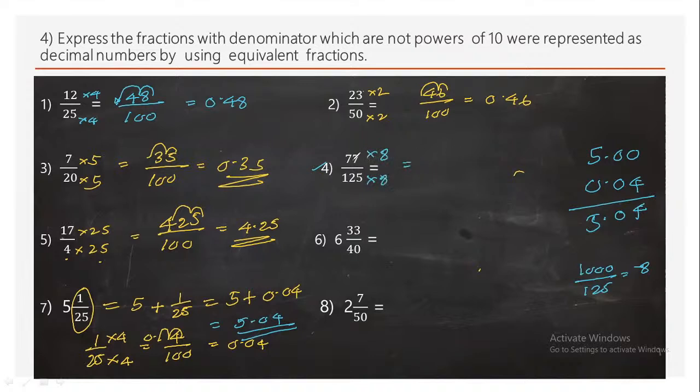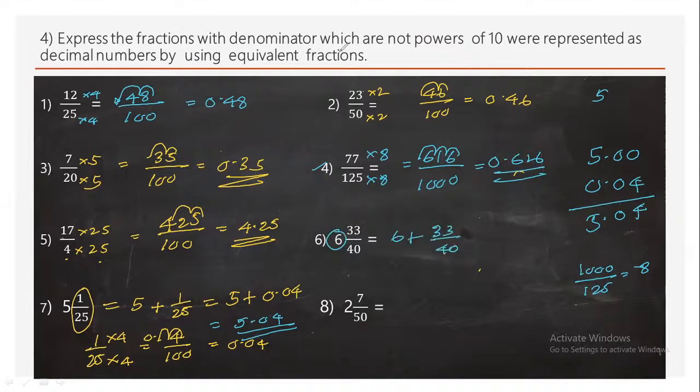Then 77 into 8. 8 times 7, 56, 5 remaining, 8 times 7, 56 and 5, 61. Divide by 1000. 3 zeros in the denominator, then the answer contains 3 decimal places, right? 1, 2, 3 places to this side, 0.616.